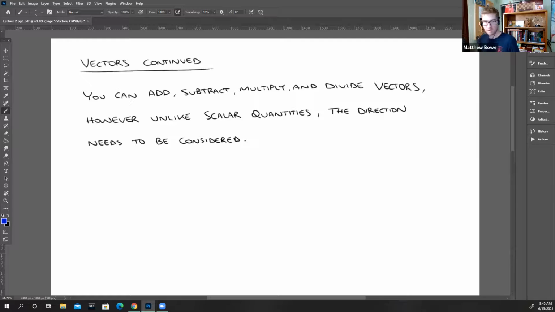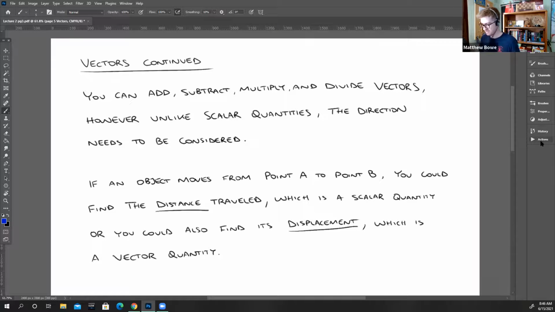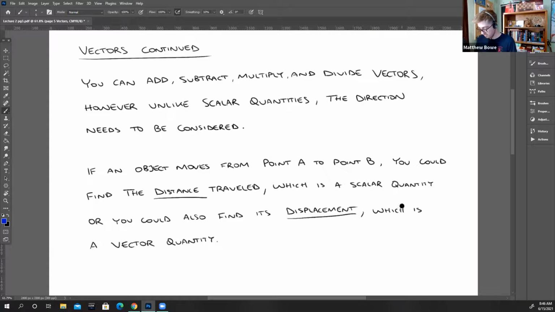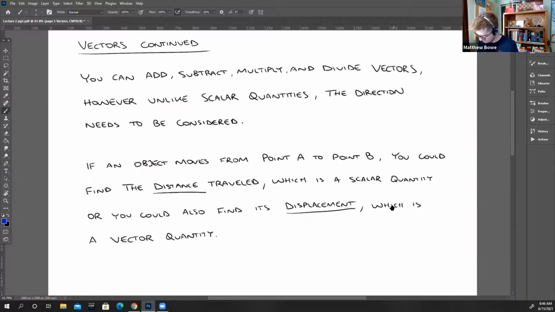Let's, for example, look at an object. Maybe this could be you in your car, and you have to drive to the grocery store. We can look at the distance of you traveling to the grocery store, and you have to go down specific streets. Maybe you have to go around, and it's a long way to the grocery store.